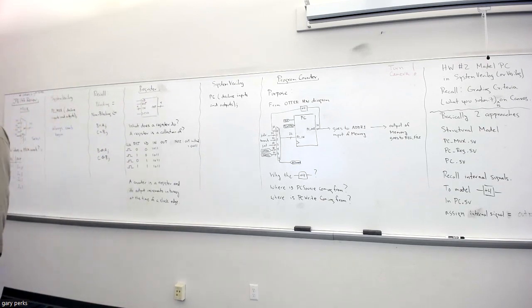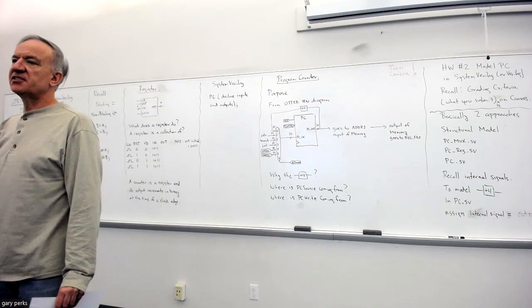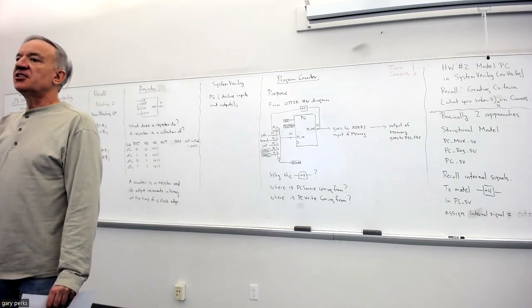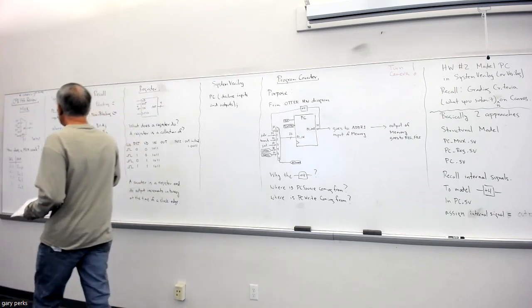Because it was just a 2-to-1 in 133, the if statement's not very long, just a few lines. Here, you're going to have muxes that have more than just 2 inputs. So I would prefer, especially for this assignment, to use a case statement for the mux.